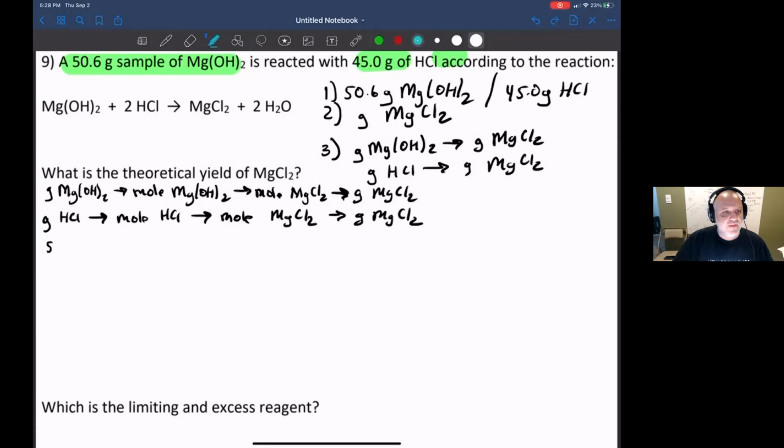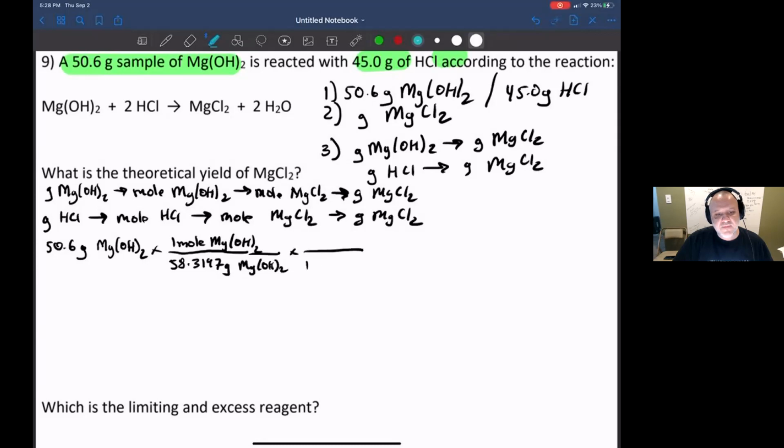Okay, so starting off with the magnesium hydroxide, you've got 50.6 grams of that. Molar mass of magnesium hydroxide, that's 58.3197 grams. Then the stoichiometry from the chemical equation, 1 mole of magnesium hydroxide produces 1 mole of magnesium chloride. Then the molar mass of magnesium chloride, 95.211 grams.